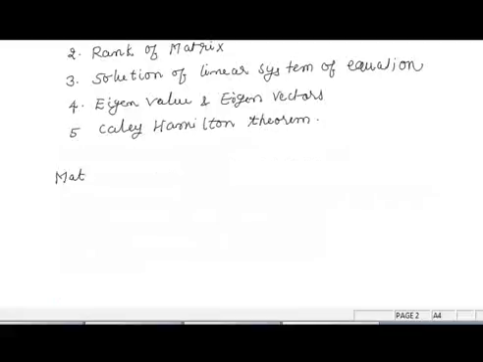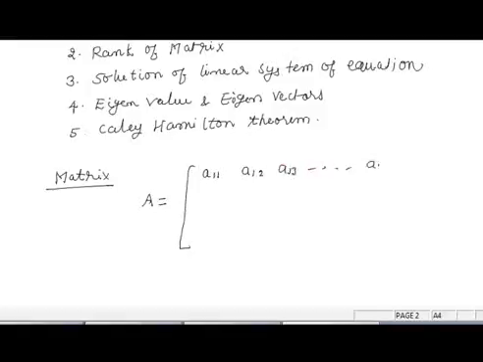What is the matrix? Any matrix A can be represented as A11, A12, A13, ... A1n.